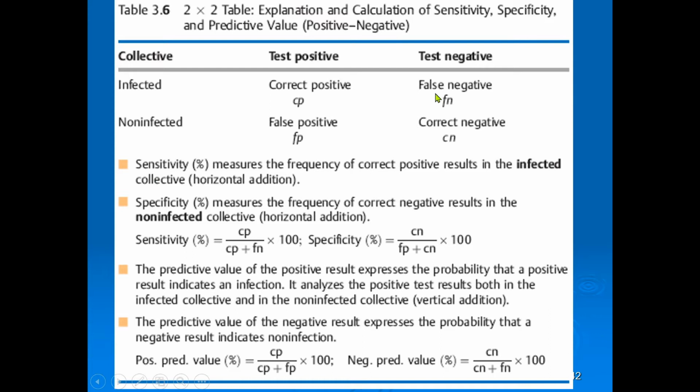That means there are infected persons who can still test negative, which is not good for the control of the infection. So sensitivity should be close to 100%. But the percentage also depends on how big your sample size is, because the bigger the sample size, the more confident you are in your test.